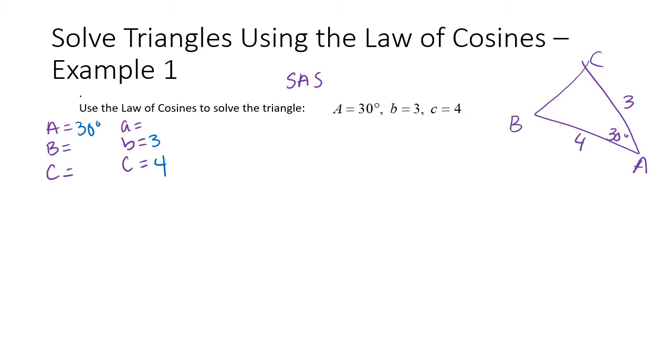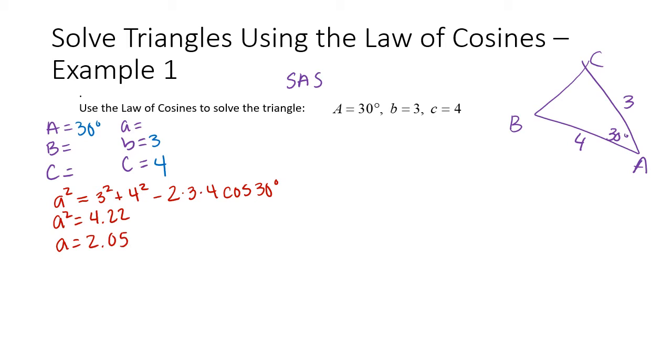So we'll use the formula: side a squared equals b squared plus c squared minus 2 times b times c times the cosine of angle A. Throw that into a calculator and you'll end up getting that a squared equals 4.22, and then when I square root, I get that a equals 2.05.